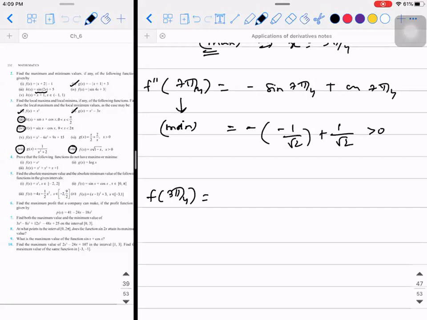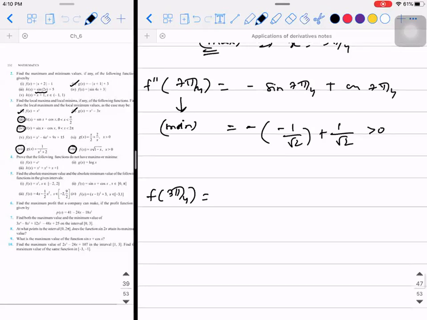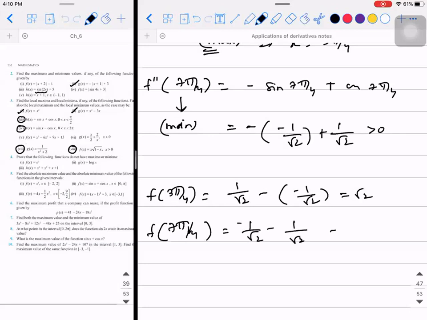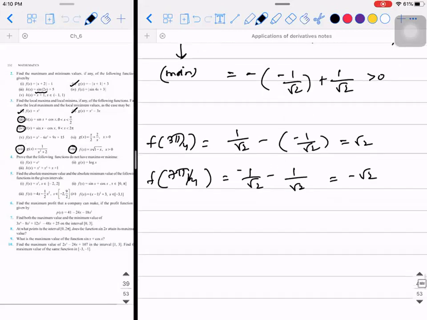Root 2, sir. sine 3 pi by 4 is how much? 1 by root 2, minus cos, this one is minus 1 by root 2. So maximum value will be root 2. f of 7 pi by 4 will be how much? Minus 1 by root 2 minus 1 by root 2. It will be minus root 2. Right? So this is the maximum value and this is the minimum value.